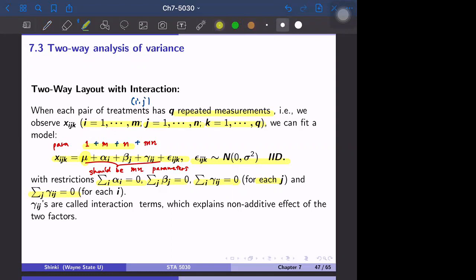One possible way is to drop mu, alpha_i and beta_j. But these are basically the primary factors in terms of the statistical estimation. So the effect of the first factor and the effect of the second factor are more important than interaction. So we don't want to abandon alpha_i and beta_j.